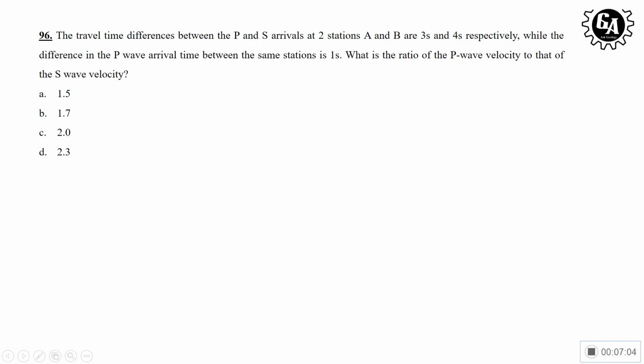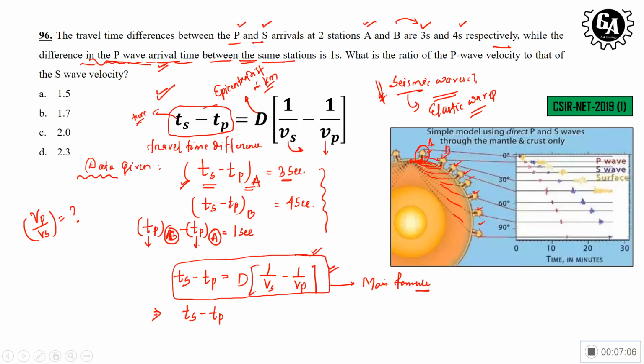So Ts minus Tp is equal to Tp times (Vp by Vs minus 1). Is it fine?